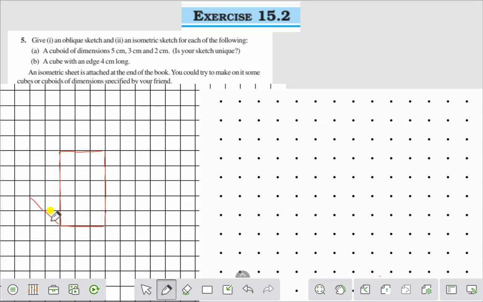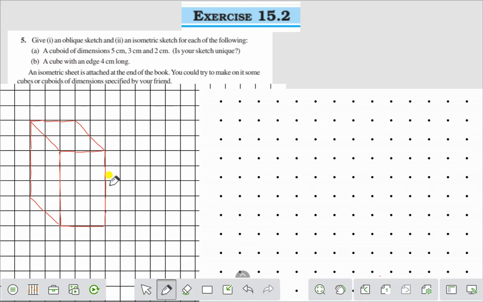Again we will take 2 cm here, 1, 2, and the height 1, 2, 3, 4, 5. Let's join this one. Next you draw these 3 cm again, 1, 2 and 3, and you draw this one.